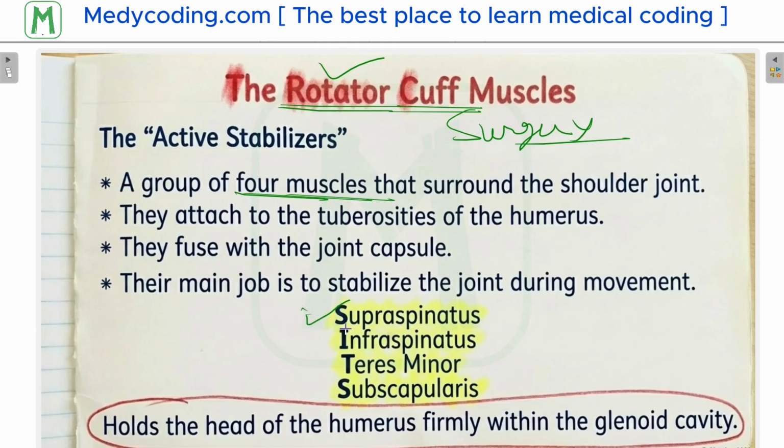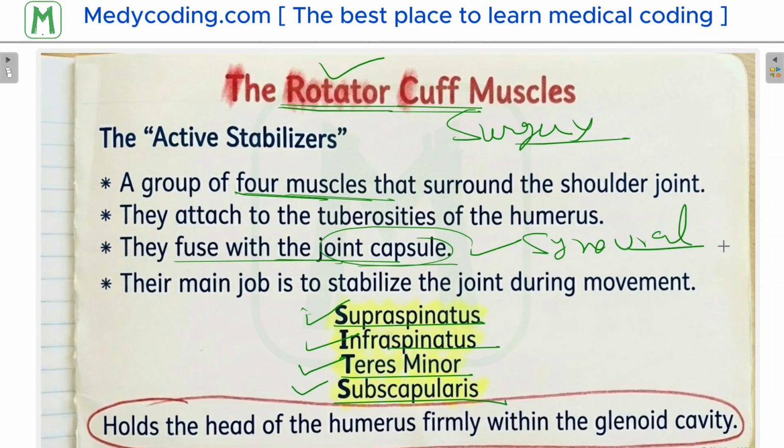The first is the supraspinatus, second is infraspinatus, third is teres minor, and the fourth is subscapularis. All these muscles are fused with the joint capsule. We know what a joint capsule is; we saw this in the previous lecture on synovial joints. All these muscles give stability to the shoulder joint and help in movement.